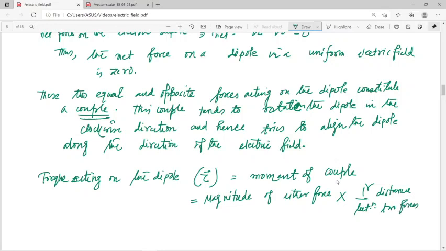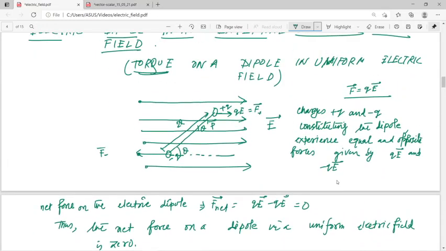Is it correct? So what is the magnitude of the forces? That is nothing but qE. And what should be the perpendicular distance? This is the perpendicular distance.